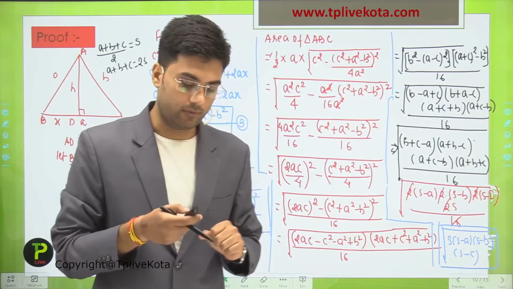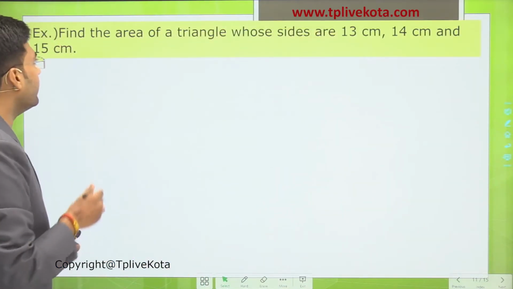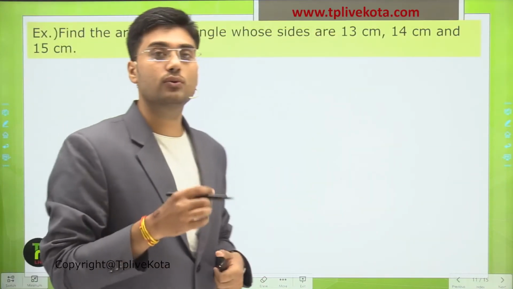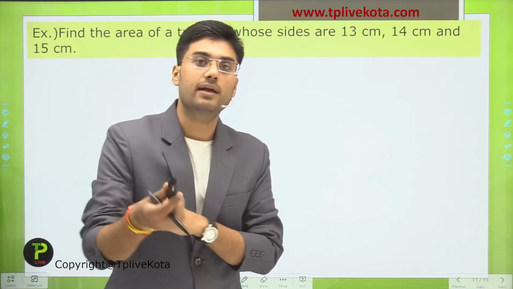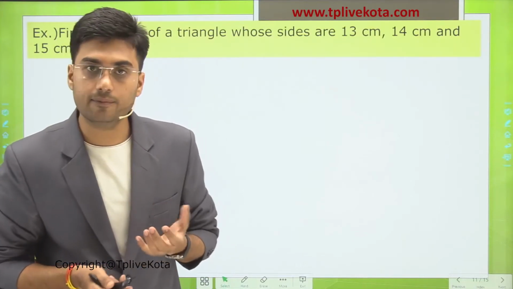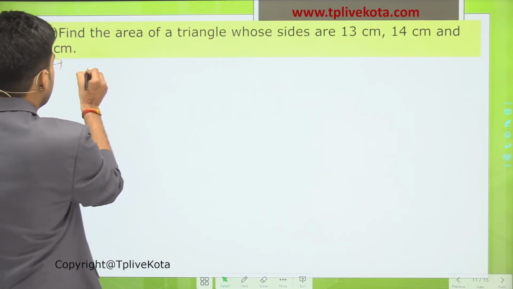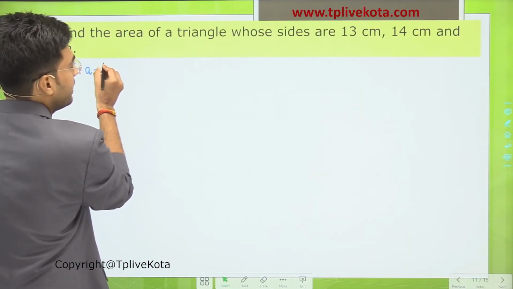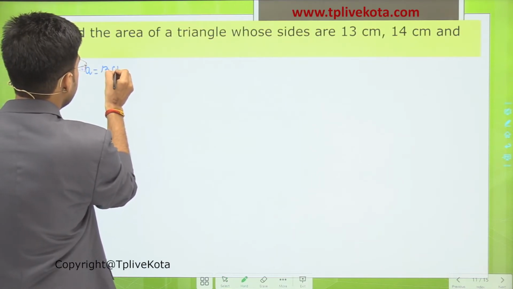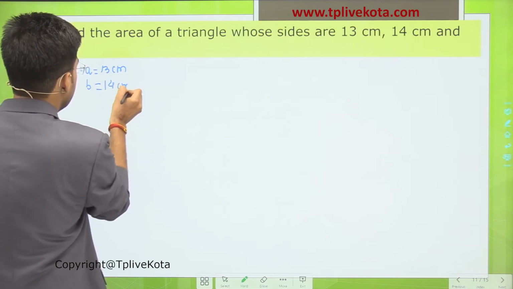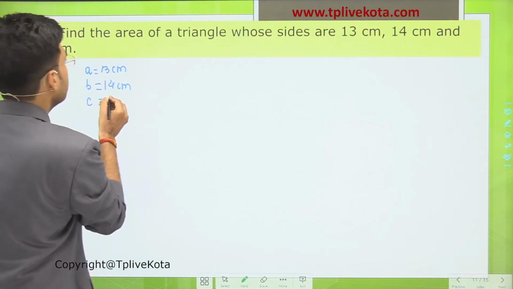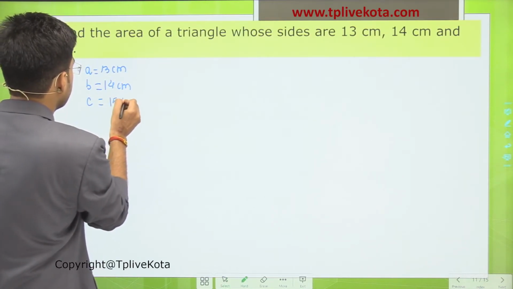The first is, find the area of triangle whose sides are 13 centimeter, 14 centimeter and 15 centimeter. So let the first side a be 13 centimeter, second side b be 14 centimeter, and third side c be 15 centimeter.